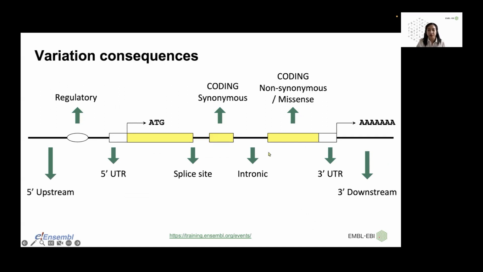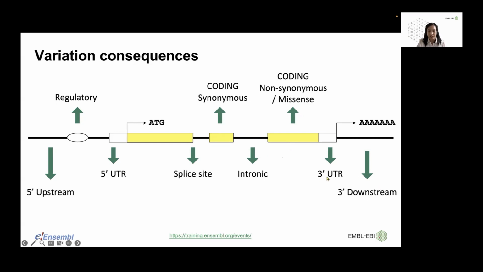For synonymous variations, the protein sequence remains the same, so there is no change in the amino acid. But for non-synonymous or missense variations, there is a change in the amino acid and therefore a change in the protein sequence, and that means it would pretty likely have a greater effect on the gene itself and the function of the protein.